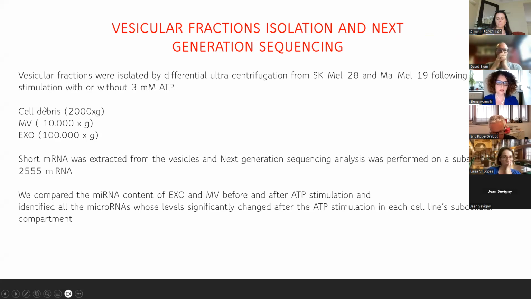Then we extracted the short RNAs from these vesicles and analyzed them with next-generation sequencing, analyzing more than 2,000 different miRNAs. And then we compared the levels of these miRNAs in the vesicles obtained without stimulation and with stimulation with ATP, therefore measuring the difference in the content of miRNAs.